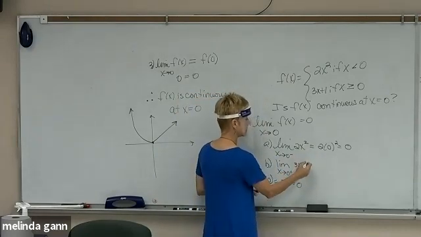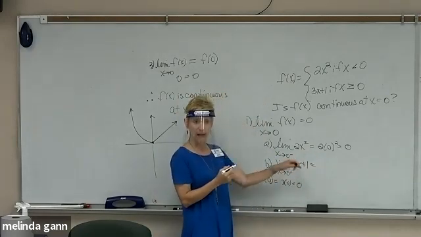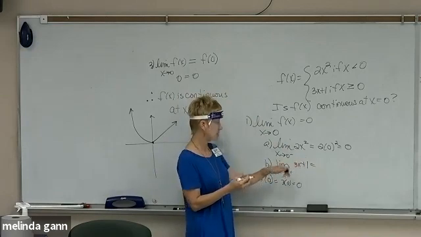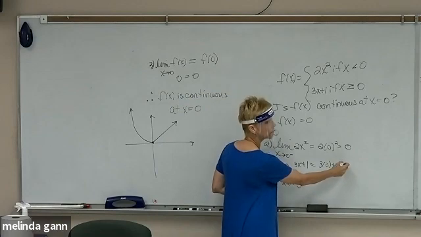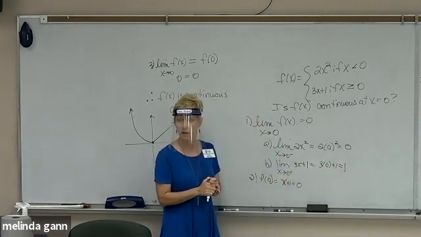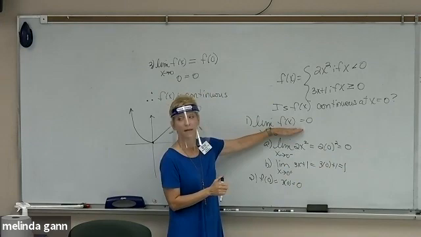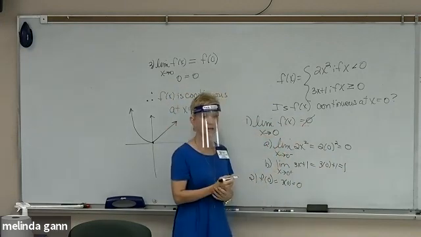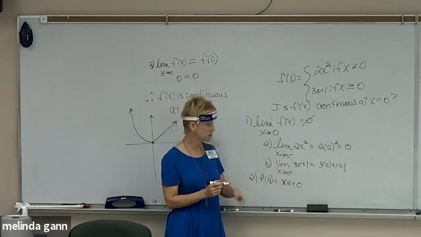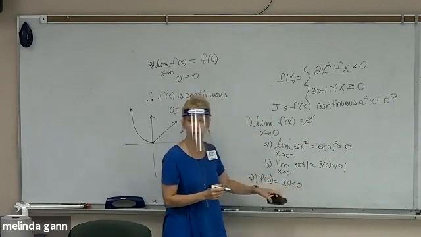Plus 1. But it's polynomial. So when I substitute in, I get 3 times 0 plus 1, which is what? 1. So what does that mean about this limit? It doesn't exist.